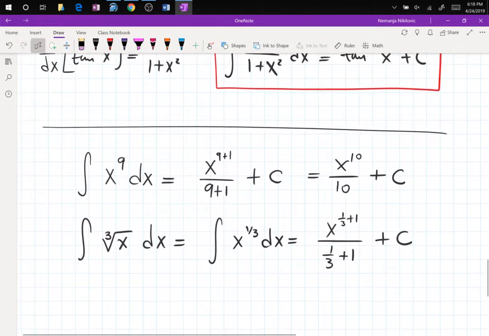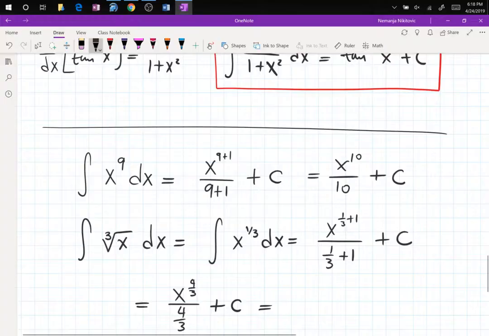We're not done yet. x to the 4/3 divided by 4/3 plus c, which is 3/4. You don't want the double fraction hanging around, right? So 4/3 from the denominator goes up as 3/4 as a flip. Do we all know that? When you're dividing by a fraction, you change it into multiplication and then you flip it, right? x to the 4/3 plus c. Good.